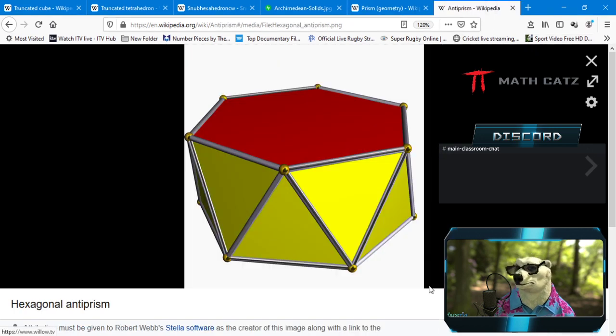The faces of the hexagonal antiprism is very much the same in terms of my hexagon bottom, hexagon top, but instead of the 6 original side squares, I now have 12 side triangles. Each square splits into two triangles when I do this kind of deformation.